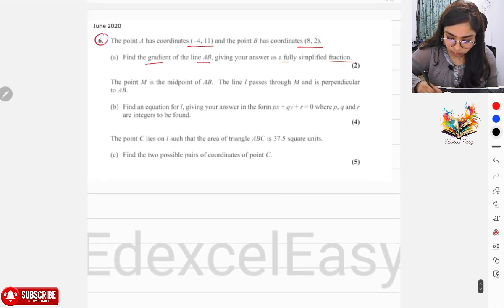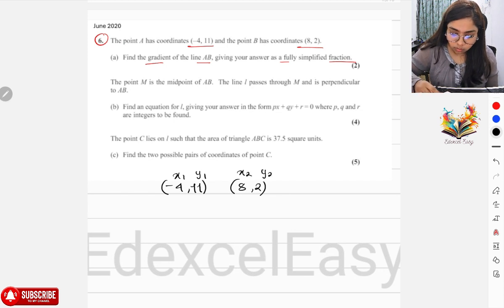I'll first write the coordinates over here, (4, 11) and (8, 2). I will consider these as x1, y1, x2, y2, right?